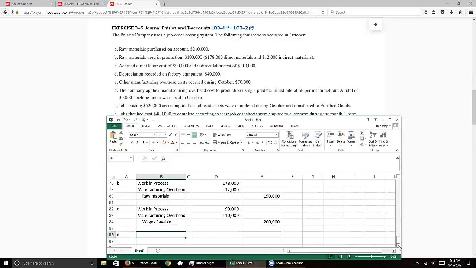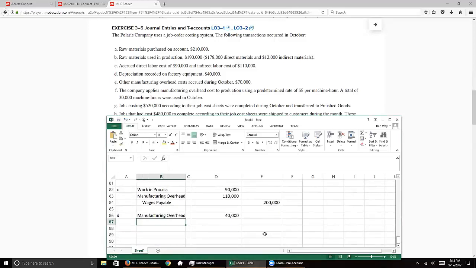So this depreciation cost, you want to dump into manufacturing overhead as well, $40,000. And again, our credit would be something like accumulated depreciation, factory equipment, or something very close to that.